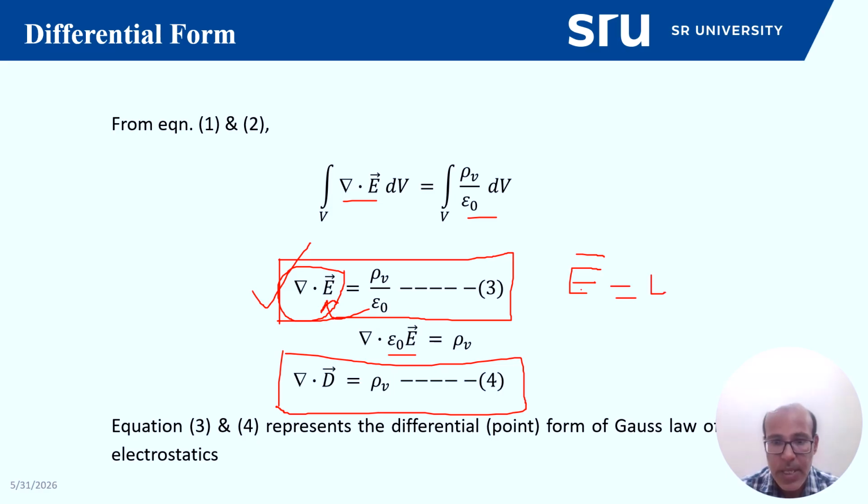We write Ex of i. Ex is the x component, and this is a general form. X component may exist or not. It all depends upon the scenario, which type of charge distribution.